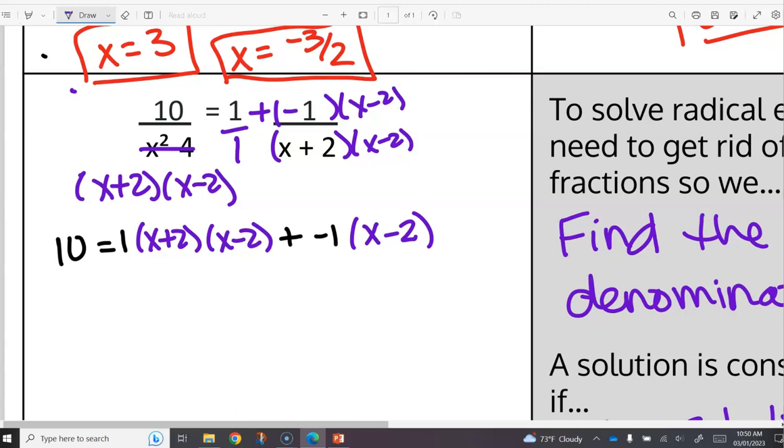Okay. So this is 10. This piece is the x squared minus 4. Good. And this becomes what? Negative x plus 2.